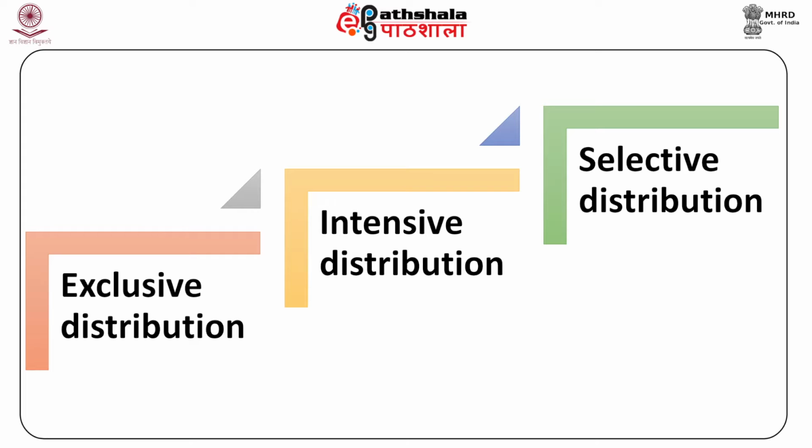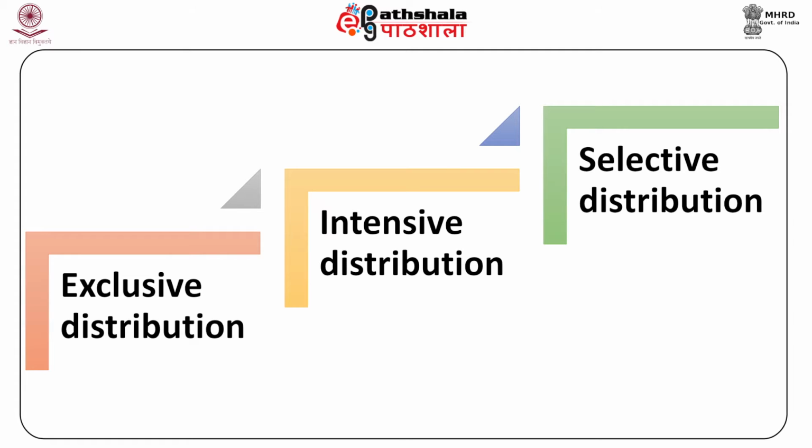Automobile companies probably provide the best examples of exclusive distribution in domestic markets. However, McDonald's chain of fast food restaurants are also set up on the basis of exclusive distribution. B. Intensive distribution.